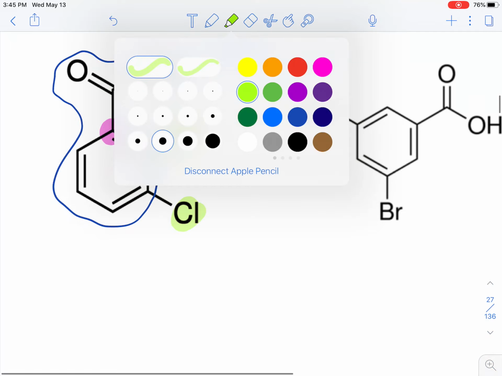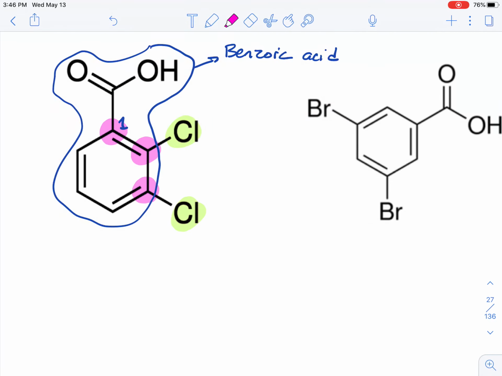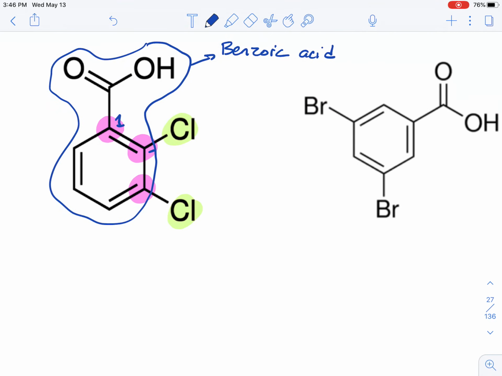And so this carbon is going to be carbon number 2, carbon number 3.